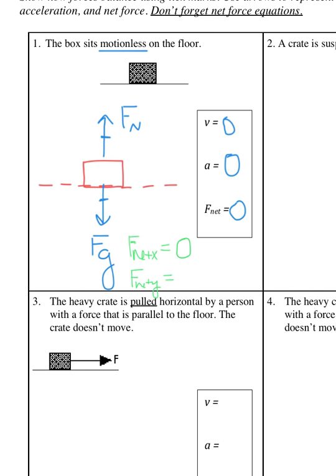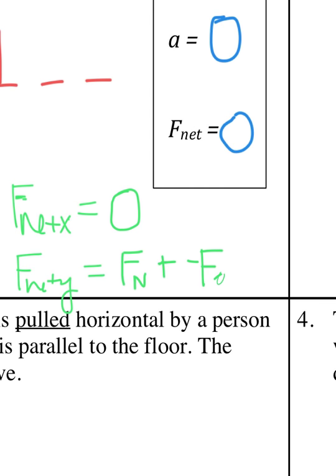Now, in the net force equation, I like to show different directions. So normal force is up, so I'm going to make it positive. And then gravity is down, so I'm going to add a negative Fg on there. The reason I made it negative is because it's going down.